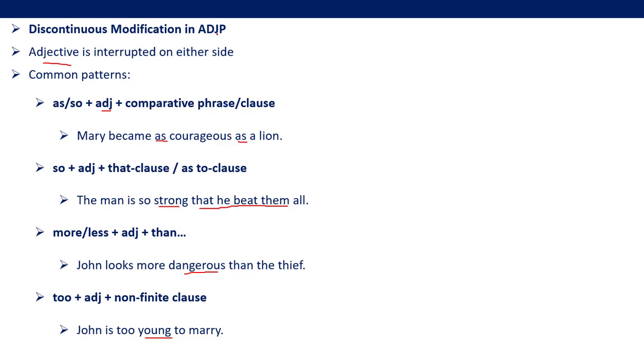So discontinuous modification in the adjective phrase allows adjectives to carry more information, express comparisons, results, or limitations, and create richer and more precise descriptions.